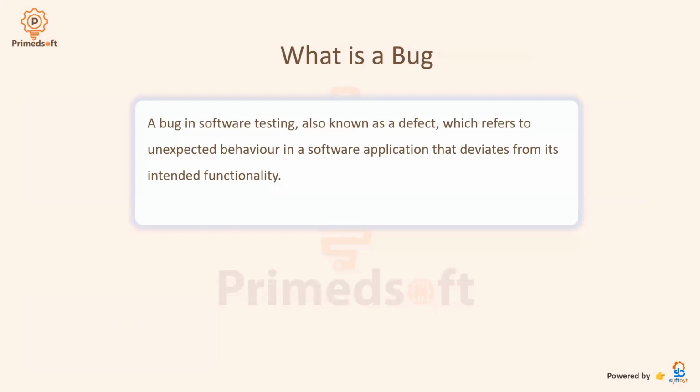A bug in software testing, also known as a defect, refers to unexpected behavior in a software application that deviates from its intended functionality, right? So let's say, for example, you are testing a particular software, like the Amazon website, and we have discovered that something is not quite right.